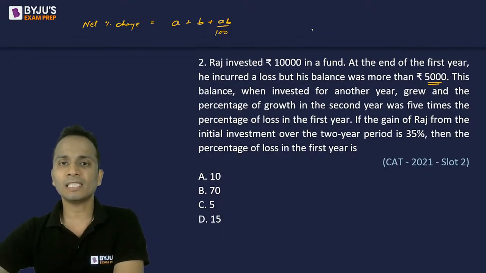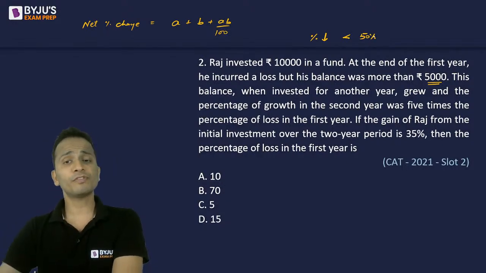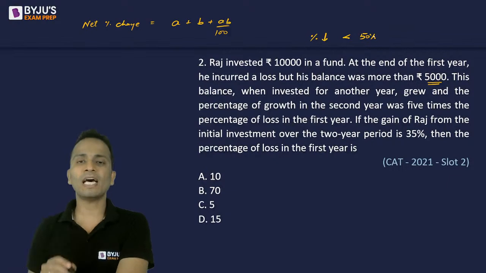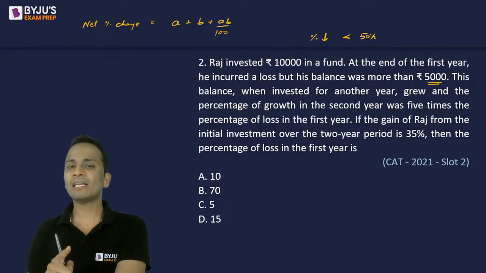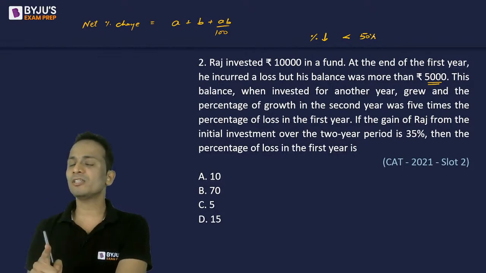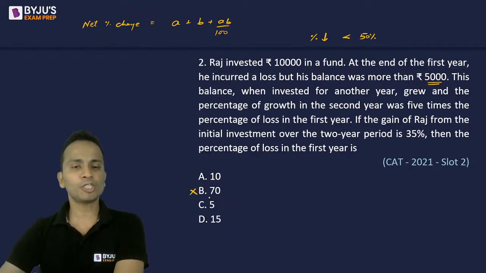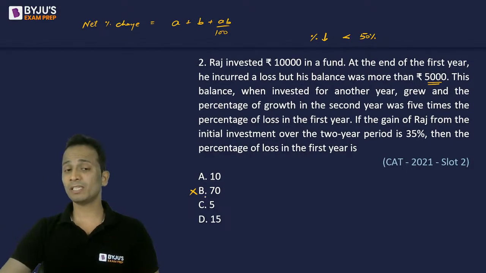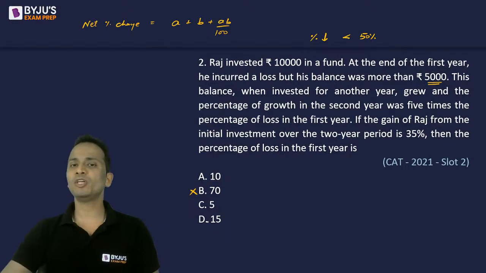That means the percentage reduction in the first case will be less than 50 percent, because if the percentage reduction is more than 50 percent, then his balance will be less than 5,000. But since the balance is more than 5,000, the answer should be less than 50 percent. I can eliminate option B on this basis, but since the other three options are lying within our range, I will not be able to eliminate them.